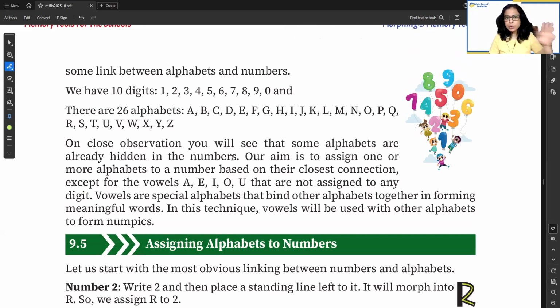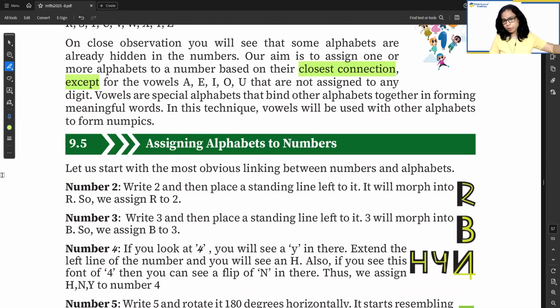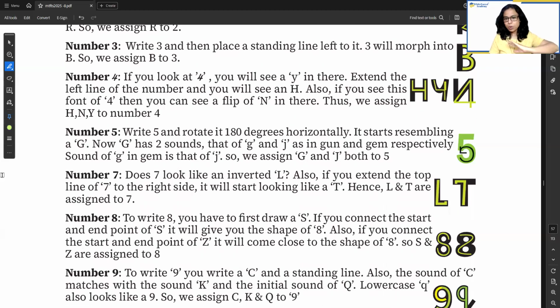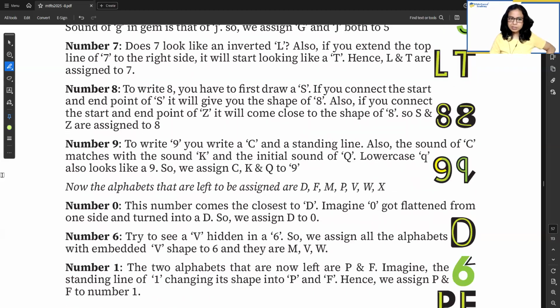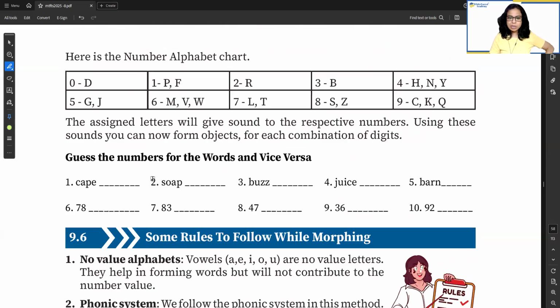We are going to assign alphabets to numbers based upon the closest connection that they form, except for the vowels, because the vowels will be used by all the numbers equally, for cat, mat, kit, cot, everything. That's why vowels are not assigned. I have taught you how I assign, so number 2 and 3, and so on till all the numbers are assigned to alphabets.